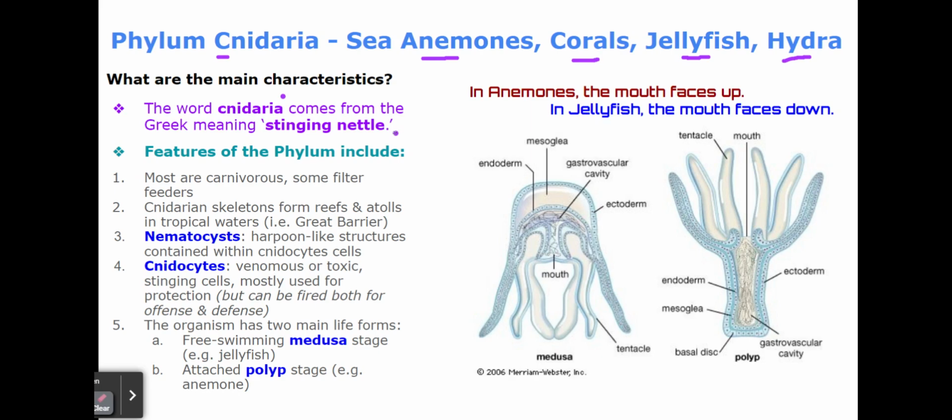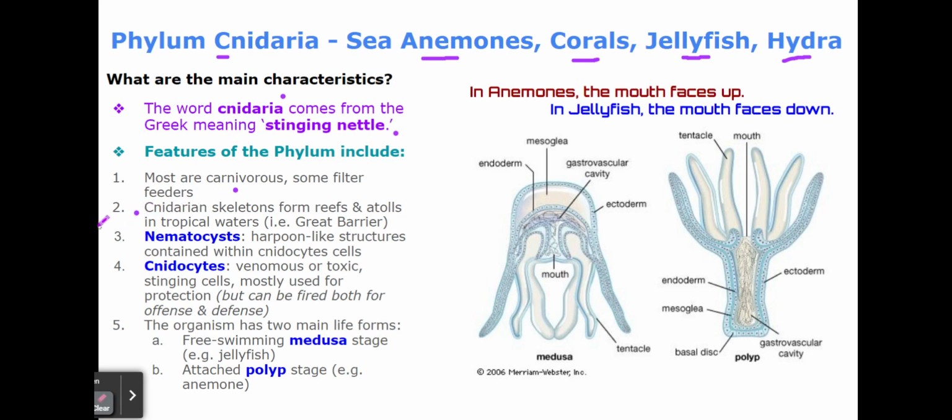All organisms in the phylum Cnidaria have special stinging cells. Most organisms in this phylum are carnivorous. There are some that are filter feeders.